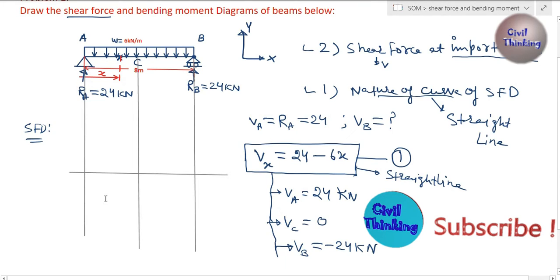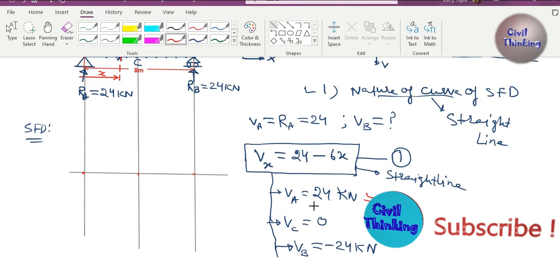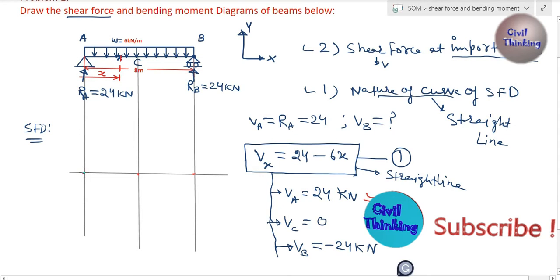Okay, now this point corresponds to the shear force at A. This point corresponds to the shear force at C, and this point will tell us the shear force at B. Now how much is the shear force at A? You can see the shear force at A is 24. So let's draw a line upwards.